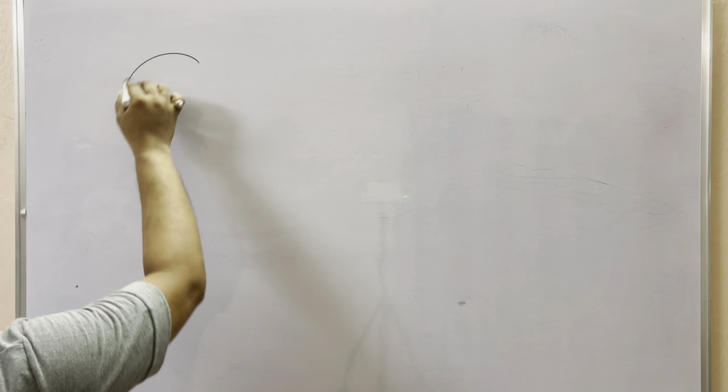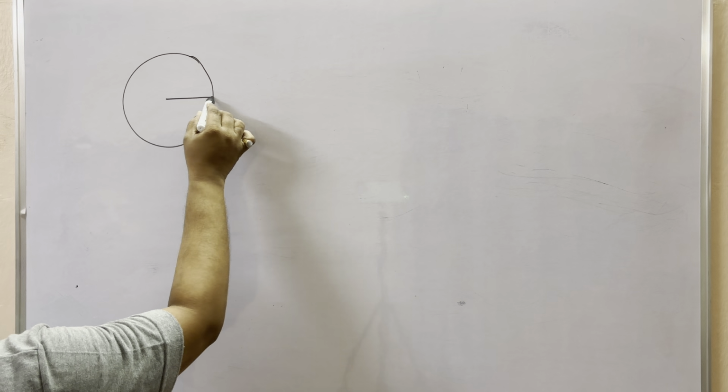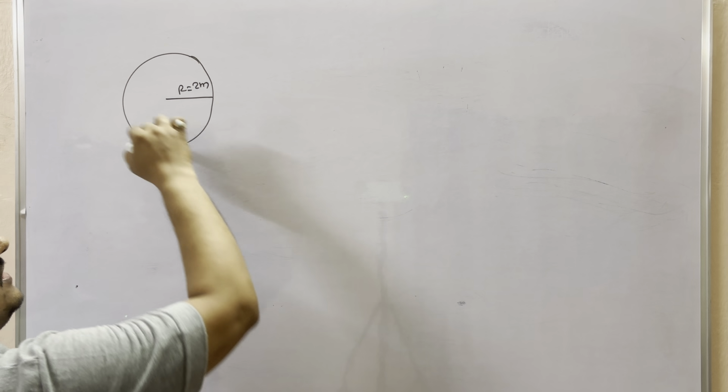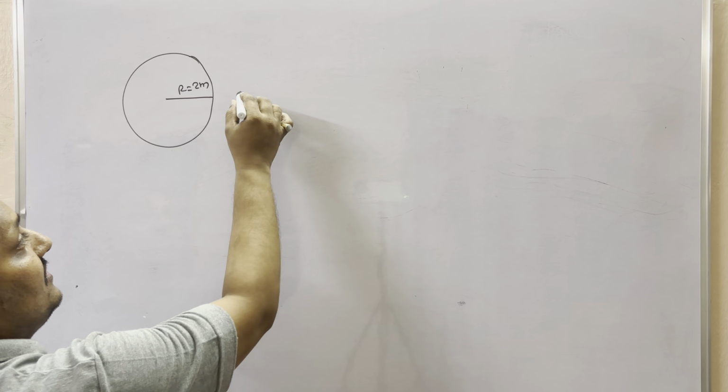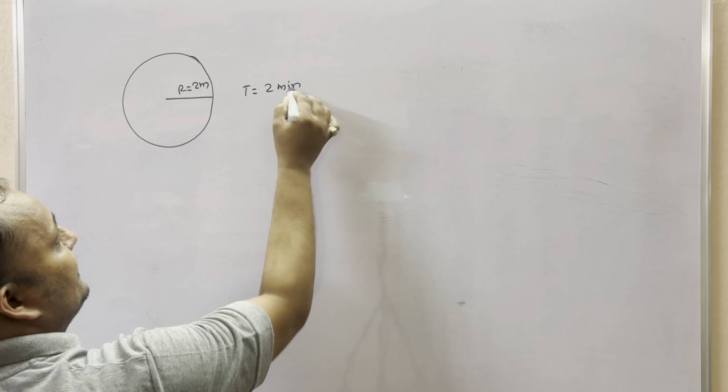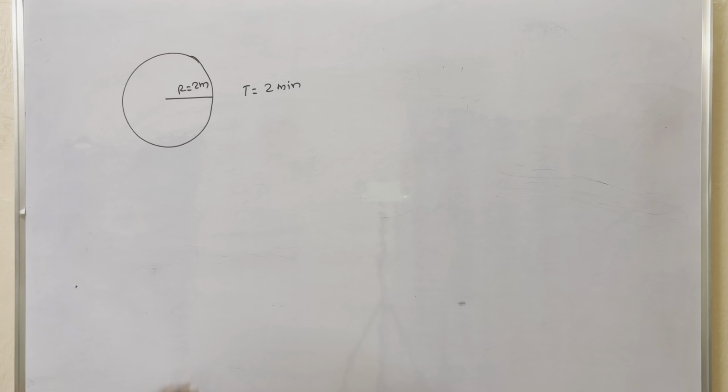Next, the same model. Radius of the circular path is 2 meters. Time taken to complete one circular path is 2 minutes.